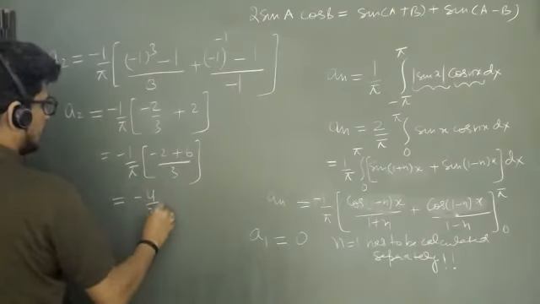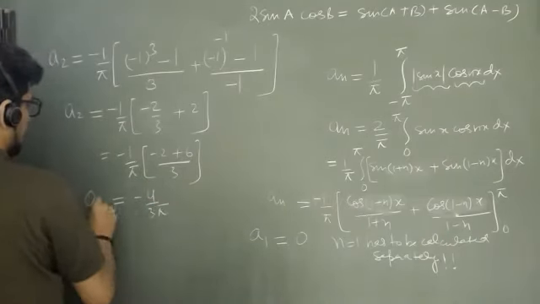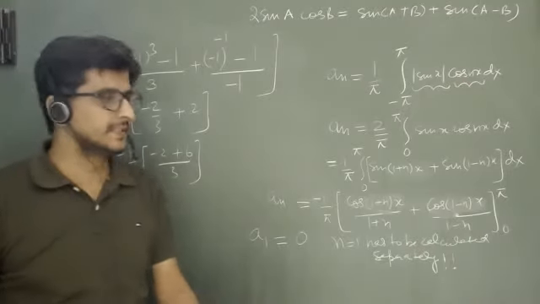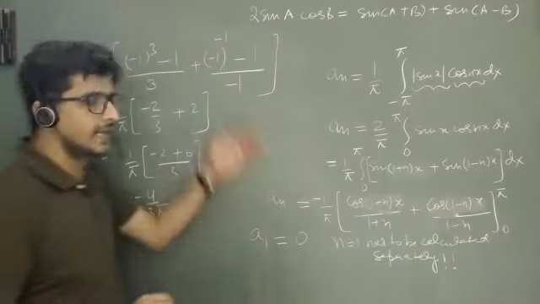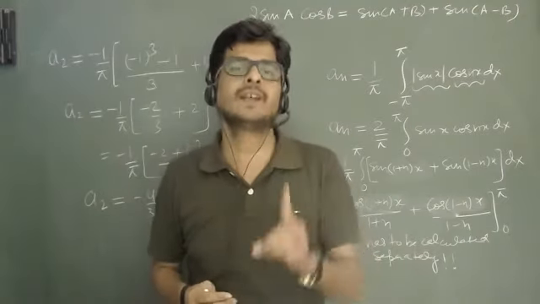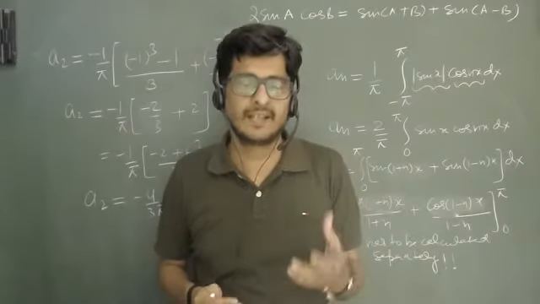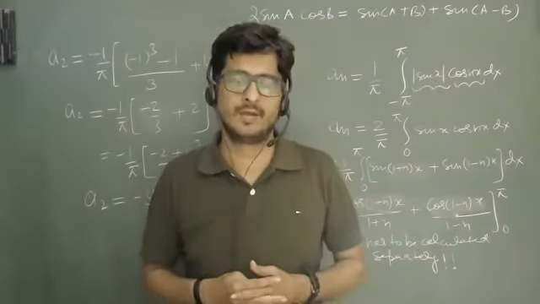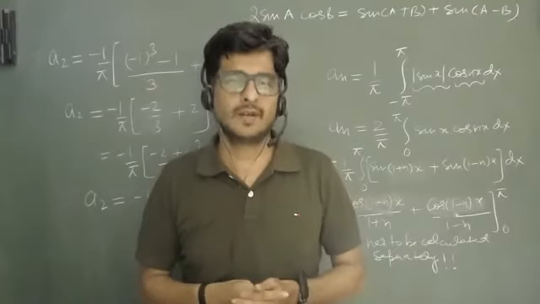So this is a previous year question. What is the value of A2? Please see this. Why I'm saying this is previous year? Because there are 4 options. And if you calculate the first term, the DC term, you will see that 2 options will be gone, because in that the DC term will not match.